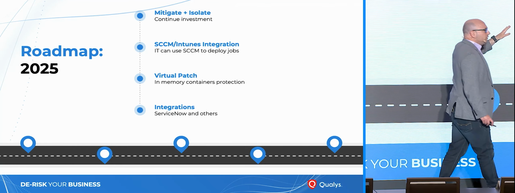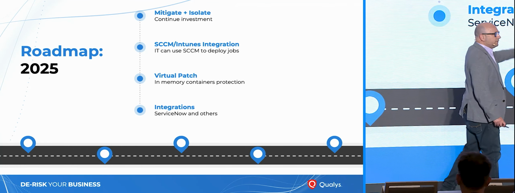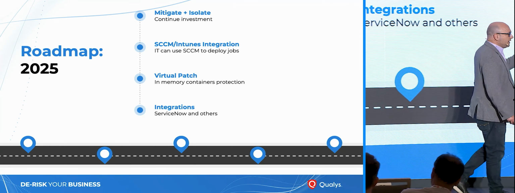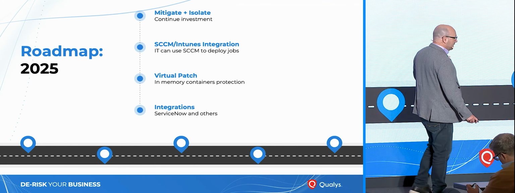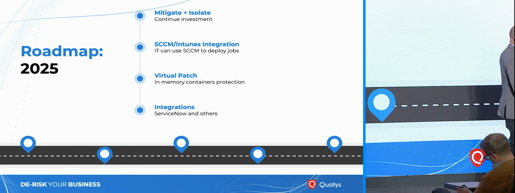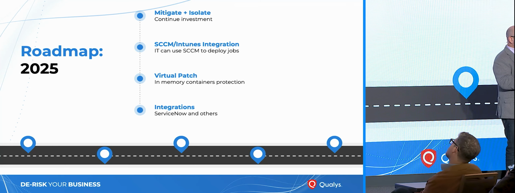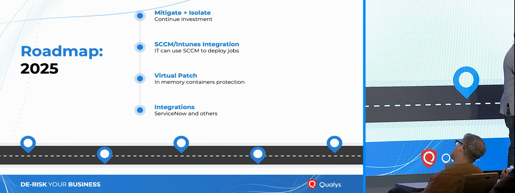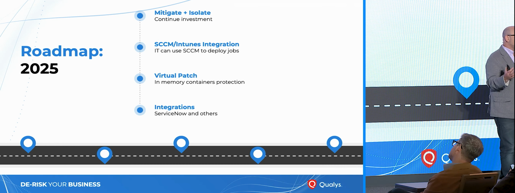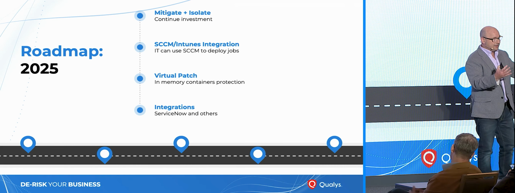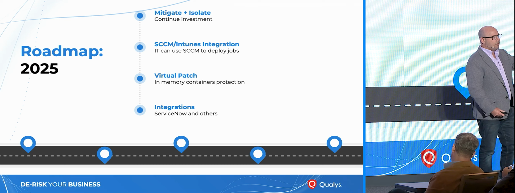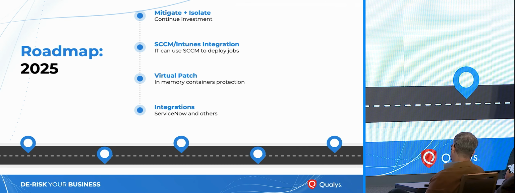The second thing is what I demoed yesterday. I know that not all of you can use our agent, or it's really hard to convince your IT team to use our agent and not the old SCCM. Why? No reason, they just like SCCM. If that's the case, we're going to build a connector that allows you to create those jobs. The security team will decide what vulnerabilities to fix or mitigate, and you're going to create a ready job for your SCCM team, which means they do not have to go to our console, and you do not run anything on SCCM.